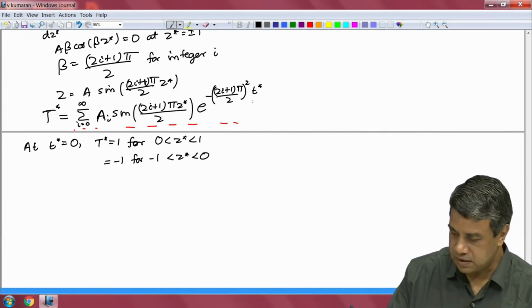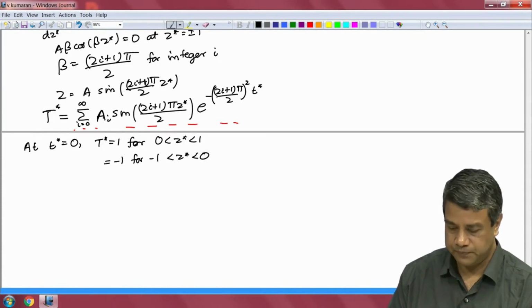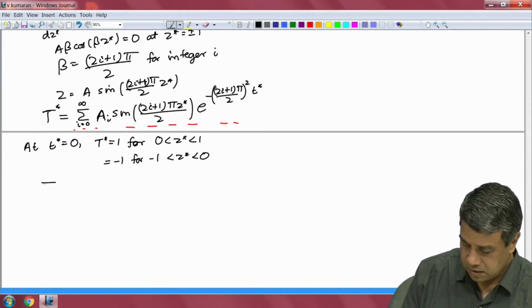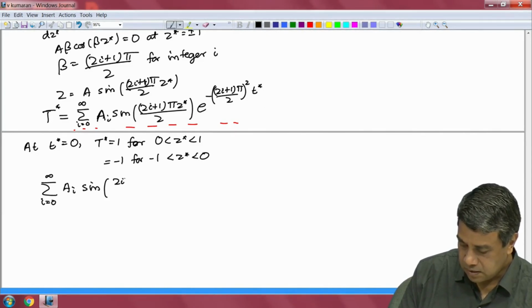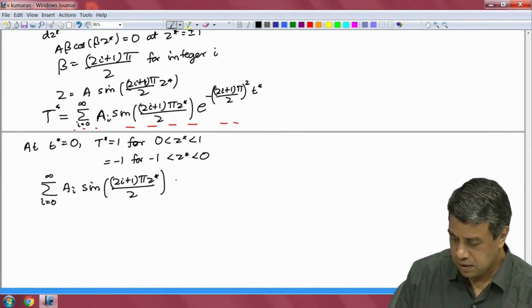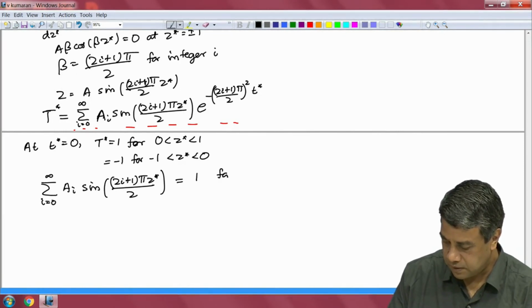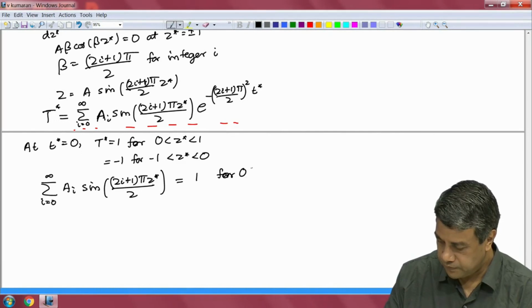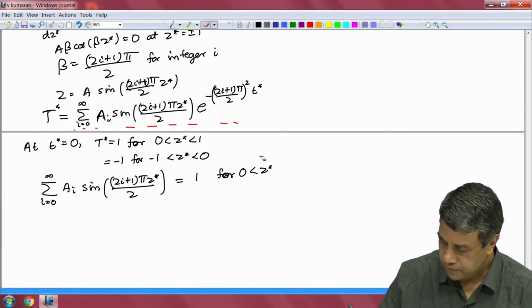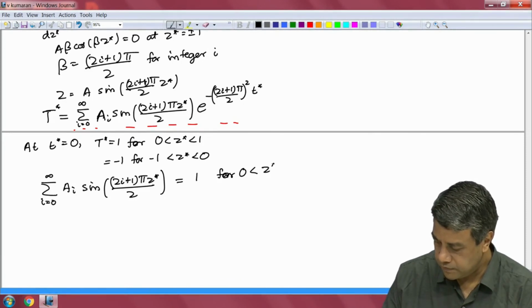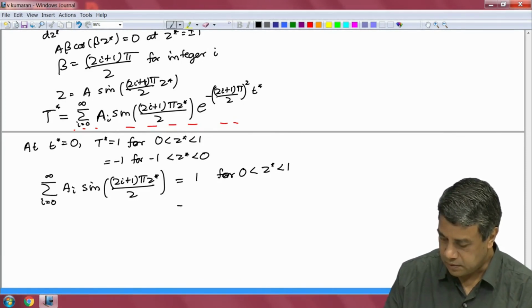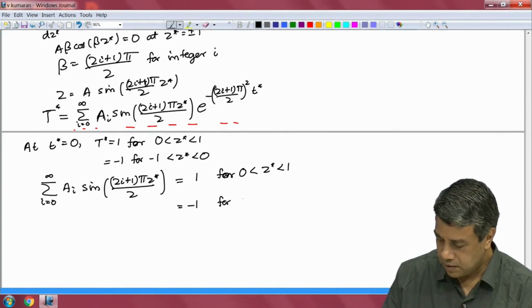So, at t equal to 0 the exponential term just becomes 1, and I will get the summation from I equal to 0 to infinity of AI times sine of (2I plus 1) pi z by 2, equal to 1 for 0 less than z star less than 1, and equal to -1 for -1 less than z star less than 0.